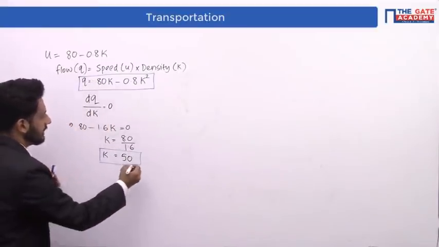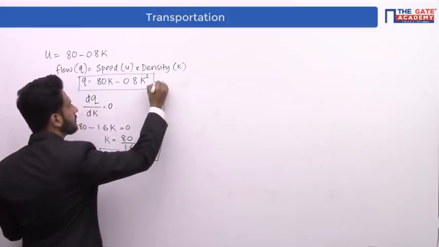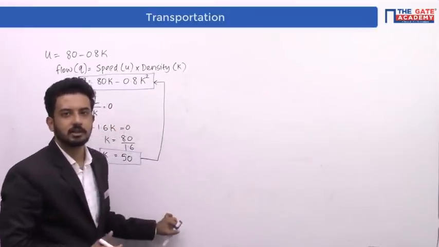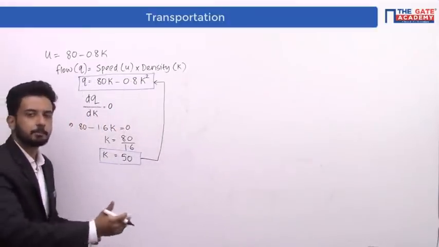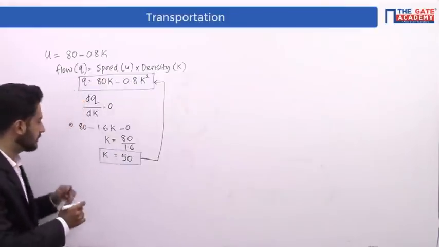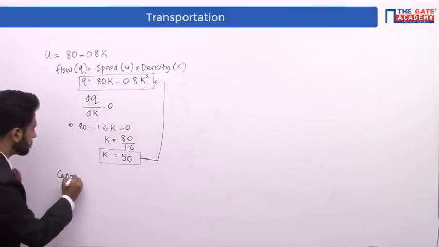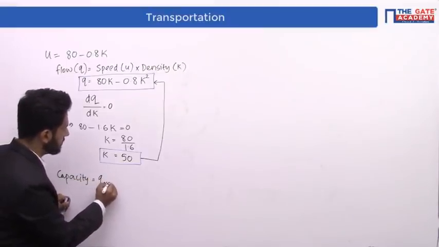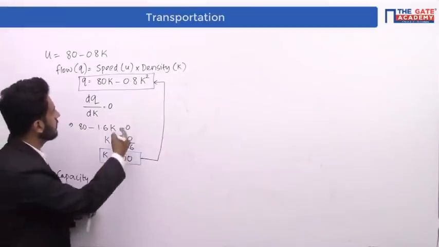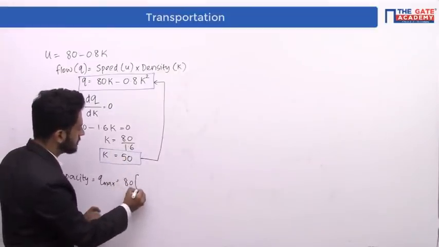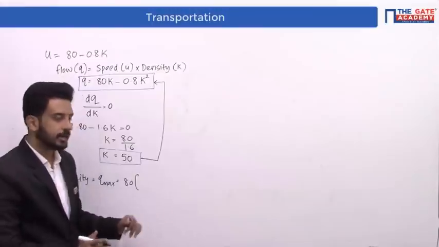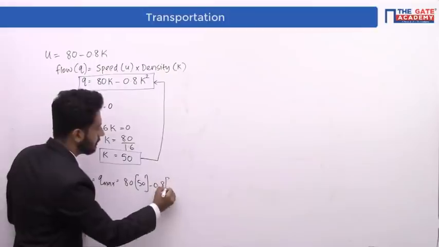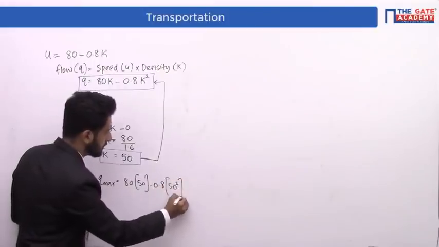If I substitute this value in the expression, I will get q max, which is nothing but the maximum flow, the capacity of the road. So what will be the capacity? q maximum is equal to 80 into 50 minus 0.8 into 50 square.